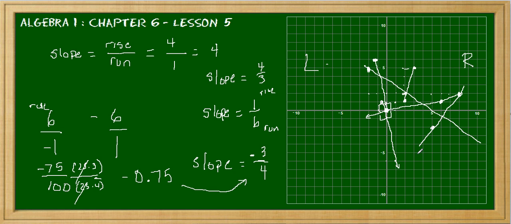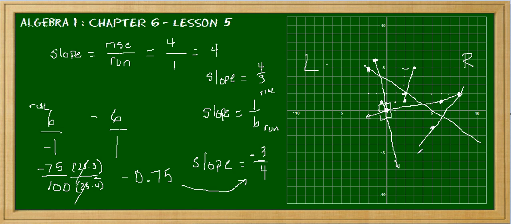Now, number 8, we're told to graph the following linear equations. And again, you've learned a couple of techniques. I would use the easier technique. Then on number 9, it says, use your graphs for exercise 8 to give the slope and y-intercept of each function.